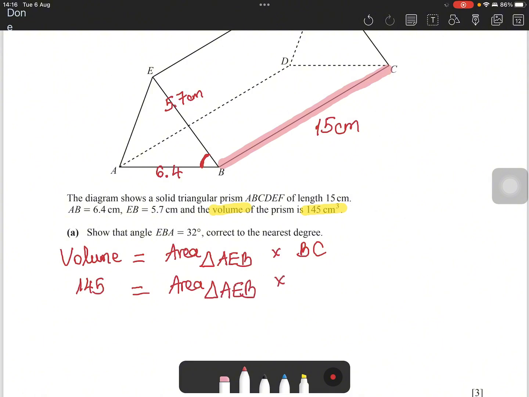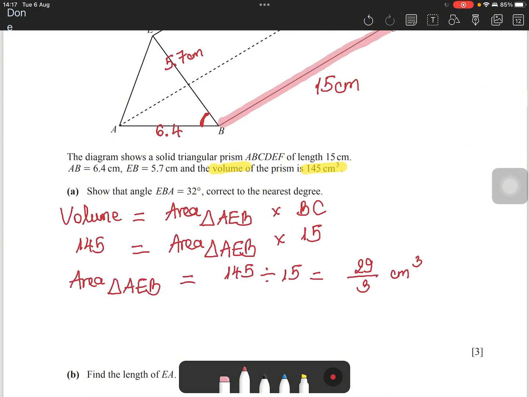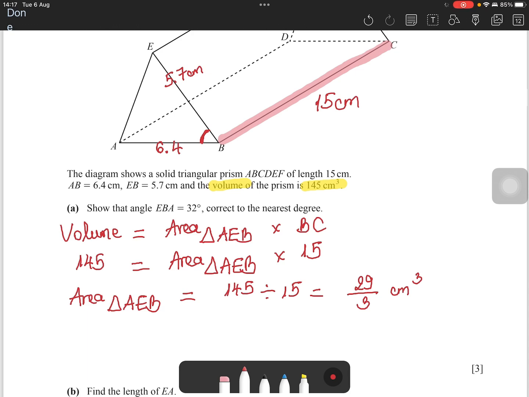But we know that the length of BC is 15 centimeters. So from this, we can find the area of the triangle AEB. It is equal to 145 divided by 15 equals 29/3 cubic centimeters.